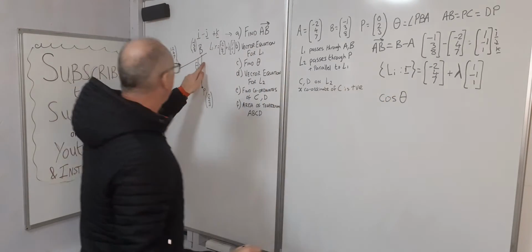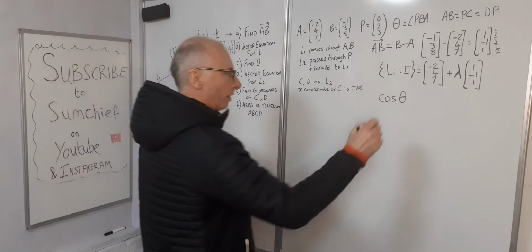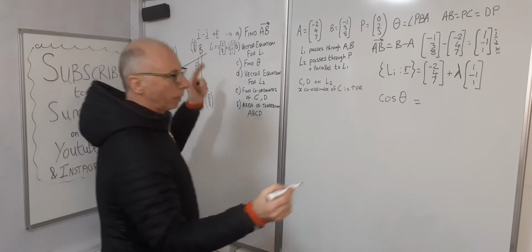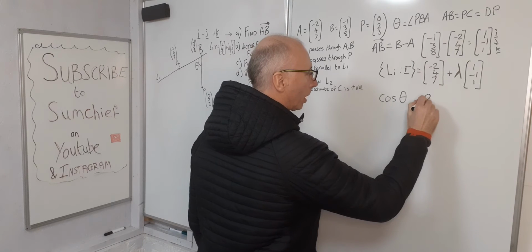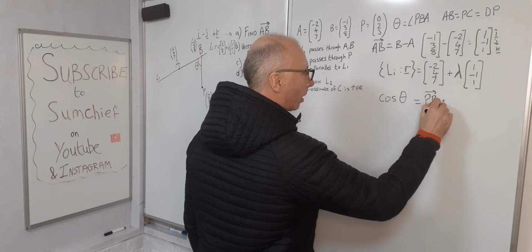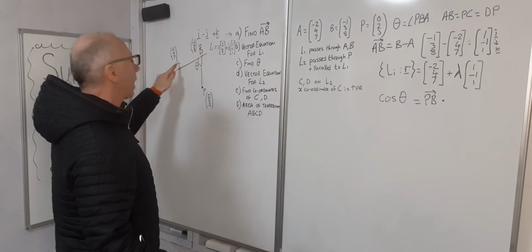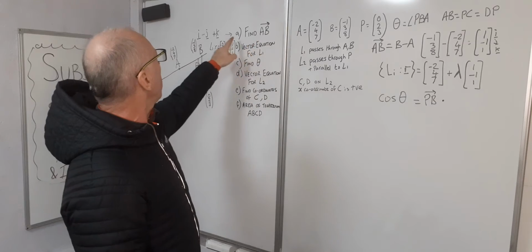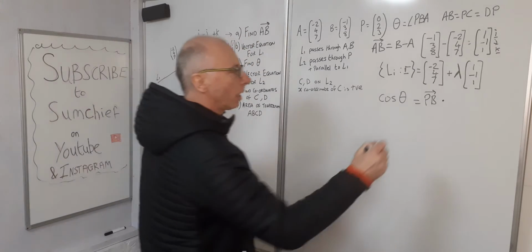So let's just write that down in a little bit more understandable language so you can see that. Cosine of theta equals PB, or BP, it doesn't really matter, so we call it PB, times BA or AB. Now we have got our AB here, so let's put AB.